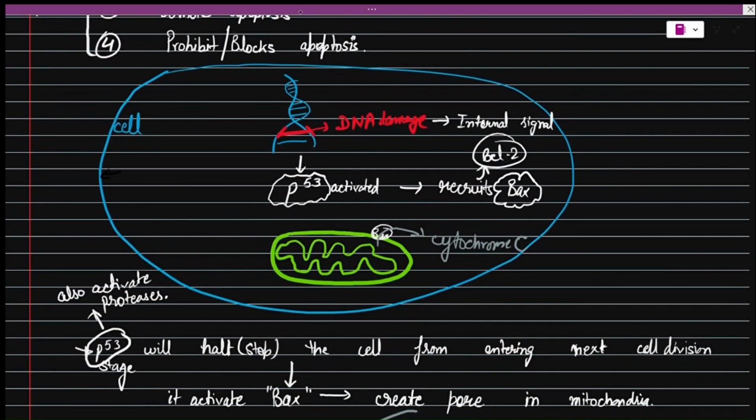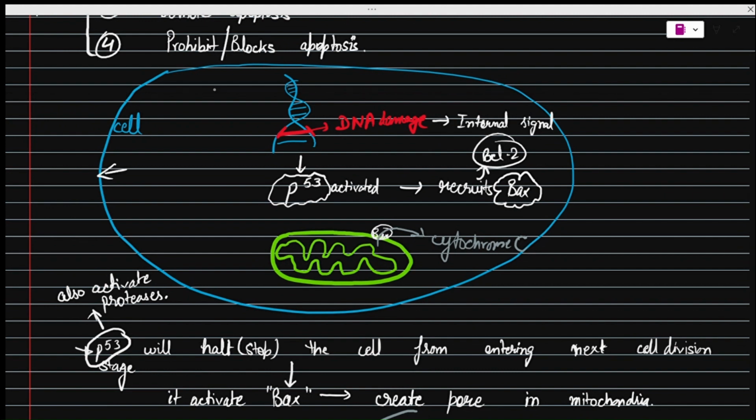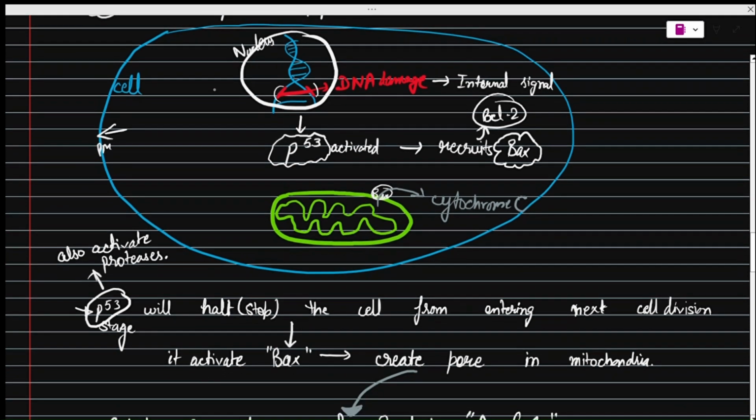Consider this to be a cell, this right here, this is the plasma membrane, and inside the cell there is the nucleus. Now the nucleus has some DNA. Let us say this DNA somehow got damaged, from UV or some other factors such as chemicals.